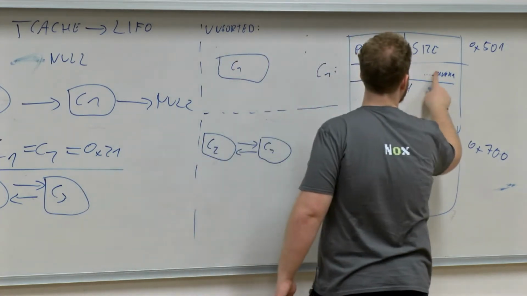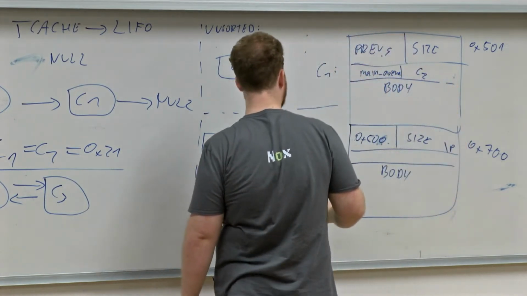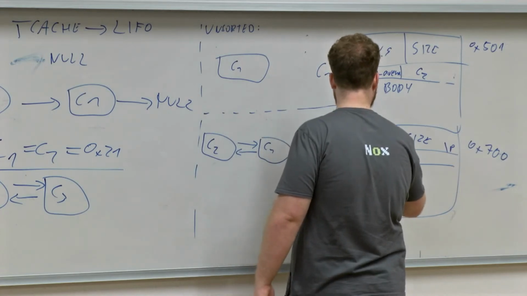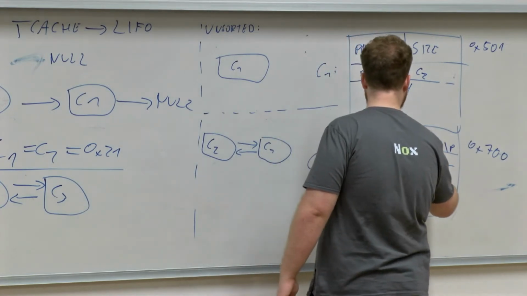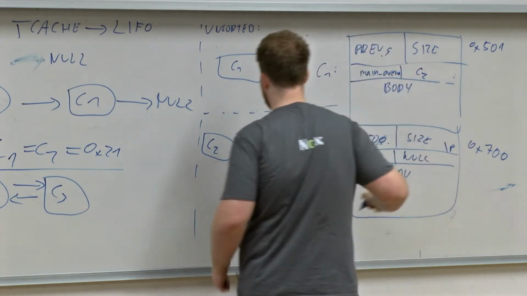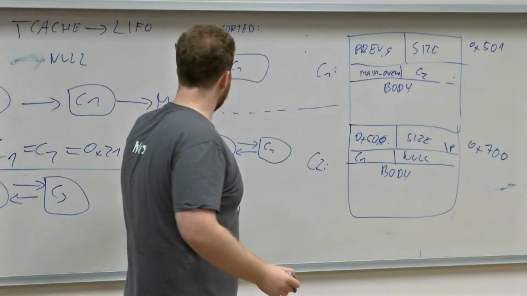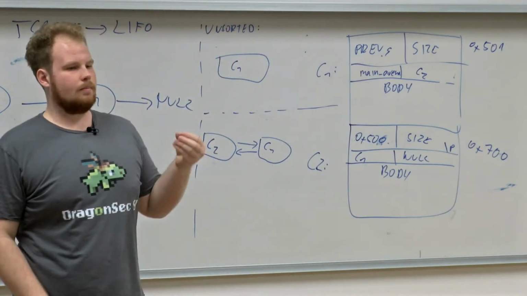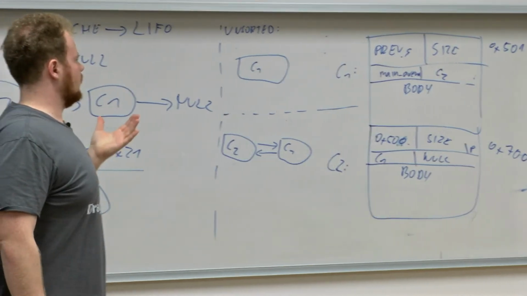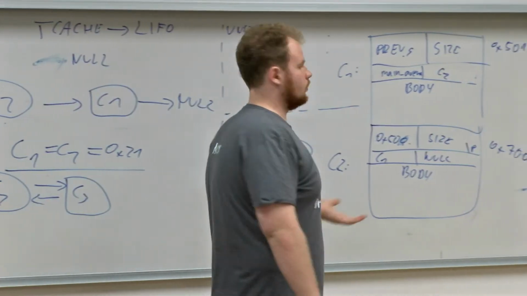So this one will say C2. And here this pointer will say C1, and this will stay null. I'm not completely sure about this one, but I think it will stay null. Okay, this is what should happen. But because of the coalescing or merging chunks together, these two chunks will merge.